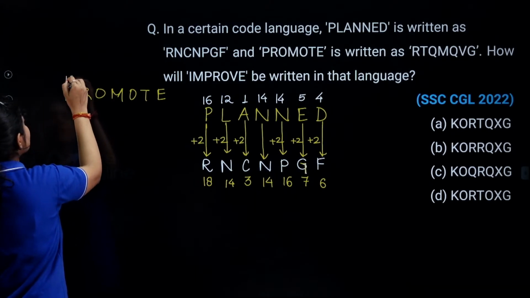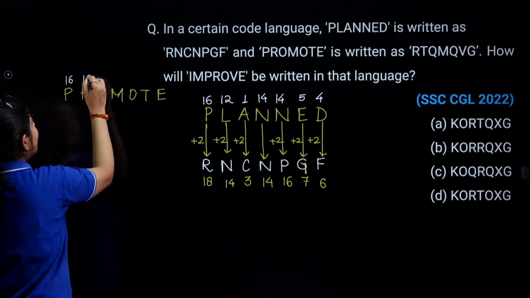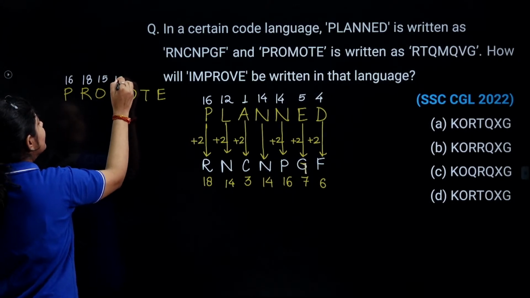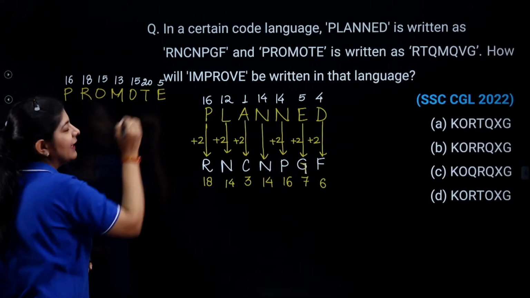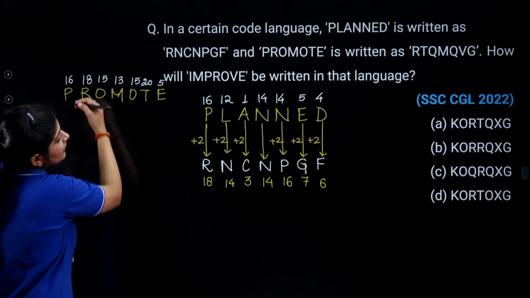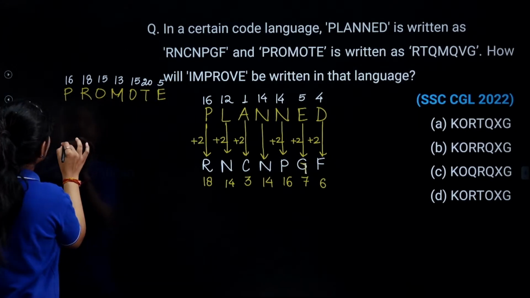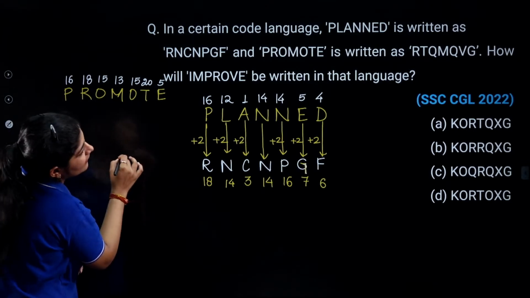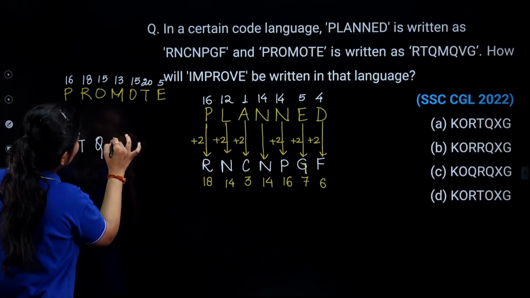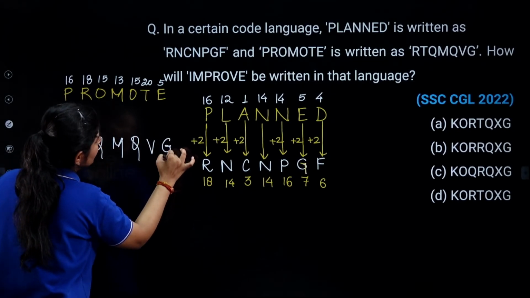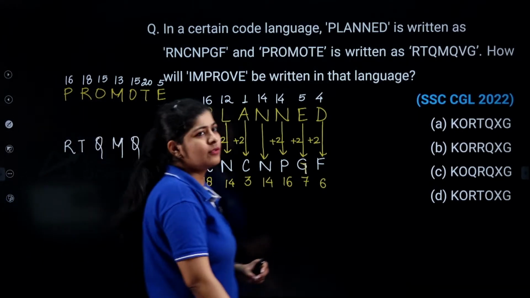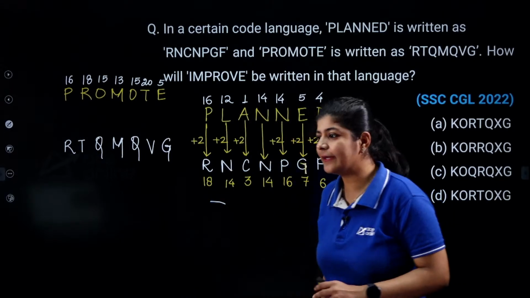Start writing the associated numbers 16, 18, 15, 13, 15, 20 and 5, right? Now, the coded word that we are having is R, T, Q, M, Q, V, G. Basically, these are the coded words that we are having, right?